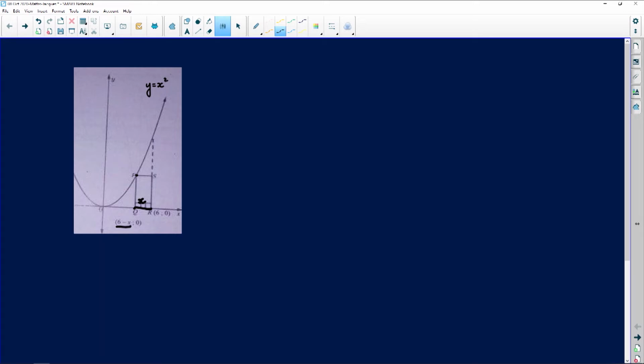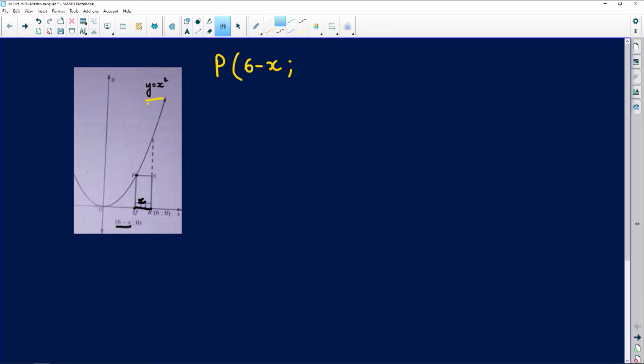So if I were to write down the coordinates for point P, I will say the x coordinate is 6 minus x. And then how do I find the y coordinate? Well, I substitute the 6 minus x into the parabola. Remember, that's always the case. If you have the equation of the function, you have the relationship between the coordinate pairs that lie on the function.